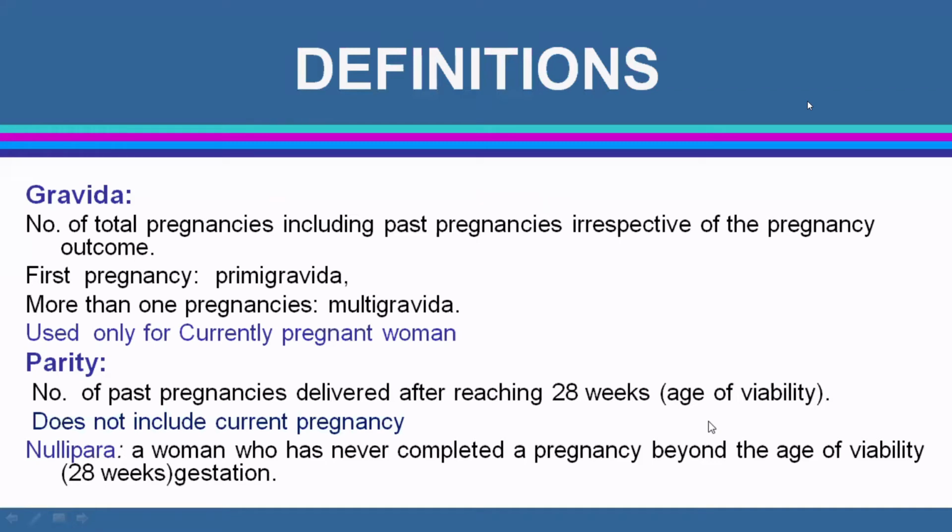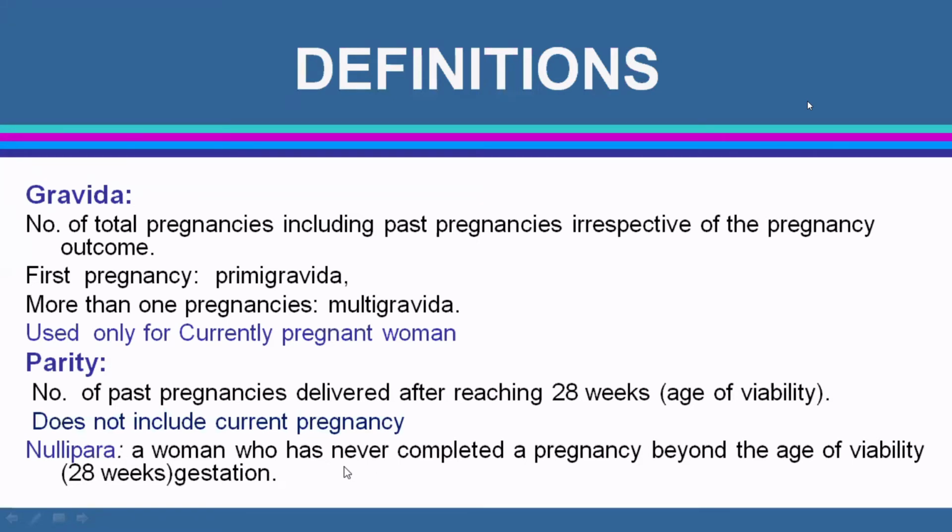Okay, but for us, it is 28 weeks. And parity does not count the current pregnancy. Okay, this is the difference between gravida and parity. Gravida counts past pregnancies plus the present pregnancy and is used only for currently pregnant women, and parity does not include the current pregnancy even if the woman is pregnant right now. Okay.